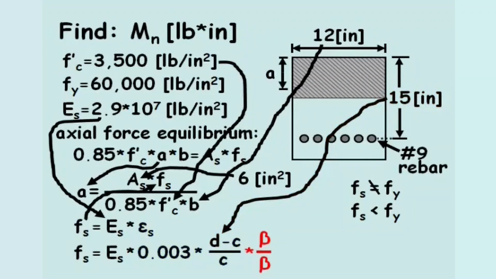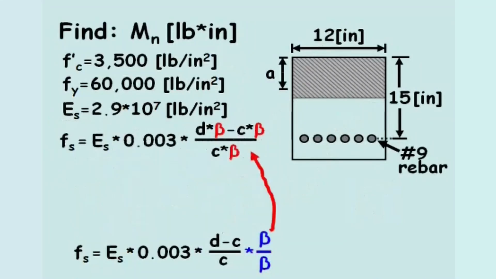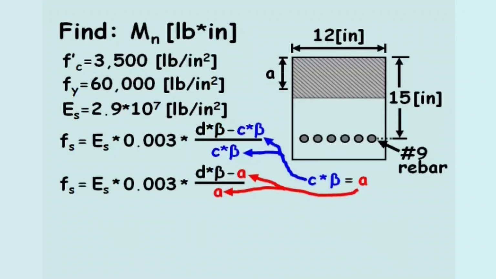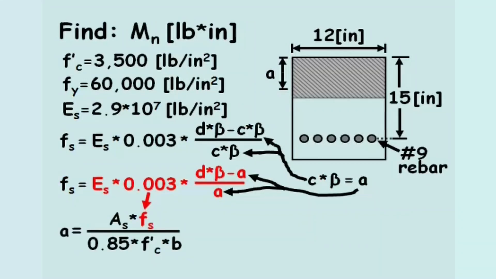Next, we'll multiply this quantity by beta over beta and revise our equation. Since we know C times beta equals A, we can make this substitution and simplify. Now we can substitute this revised equation for the stress in the steel, Fs, back into our previous equation to solve for the length, A.